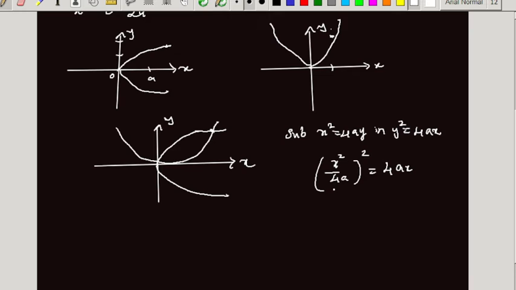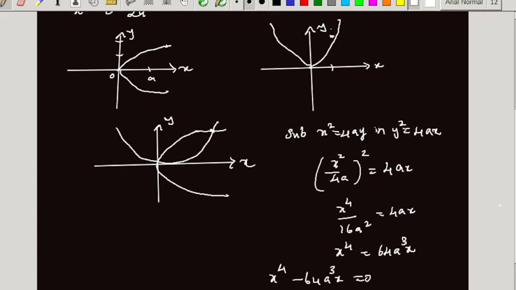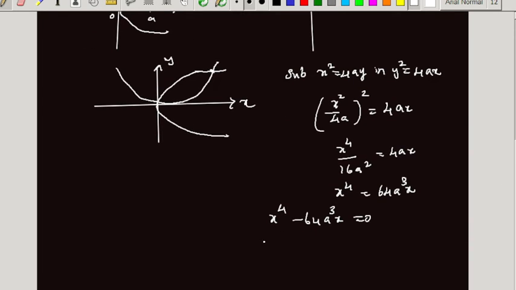We take the square, x power 4 by 16a square equal to 4a into x. We cross multiply this one: x power 4 equal to 64a cube x. Bring this to the left hand side, we get x power 4 minus 64a cube x equal to 0. If we take x common, we get x into x cube minus 64a cube equal to 0.